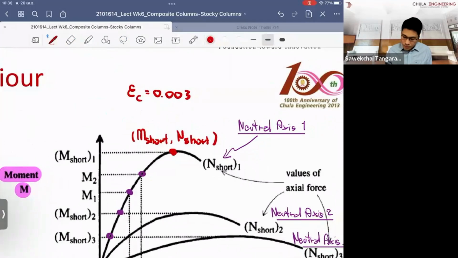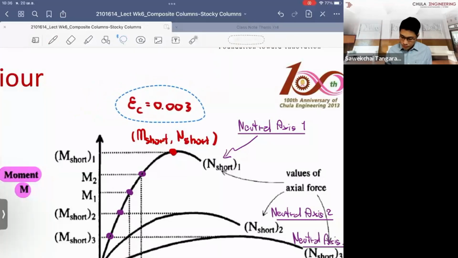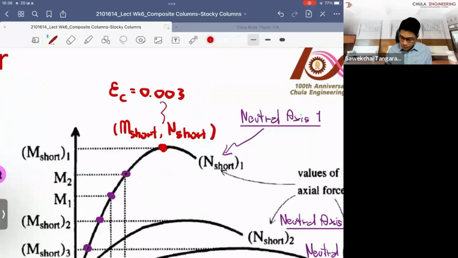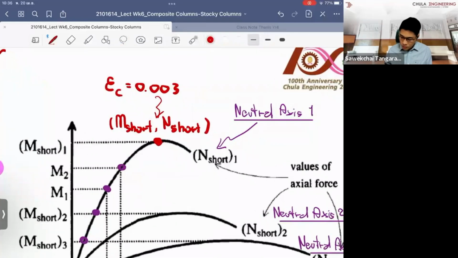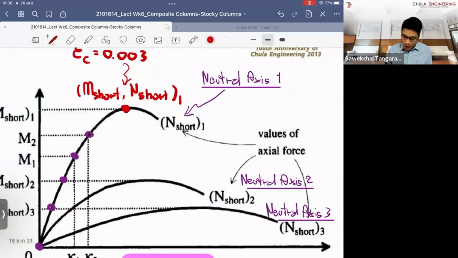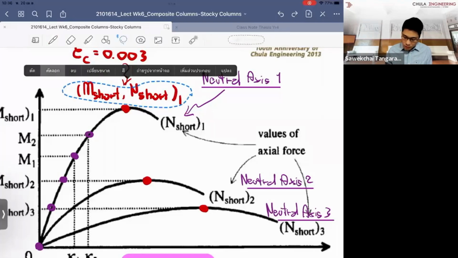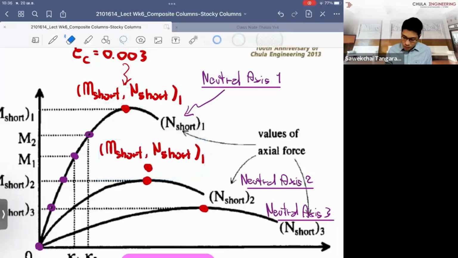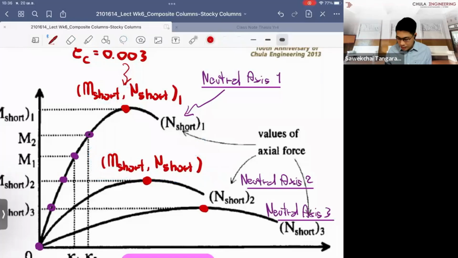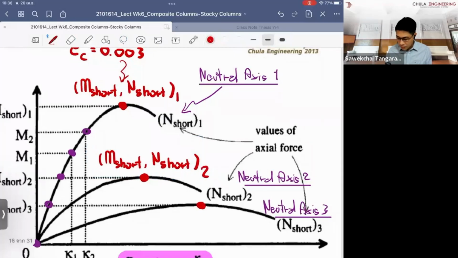And this belongs to 1. For each neutral axis level that we are looking at, we can obtain the ultimate point, a capacity that we can calculate from the section analysis.